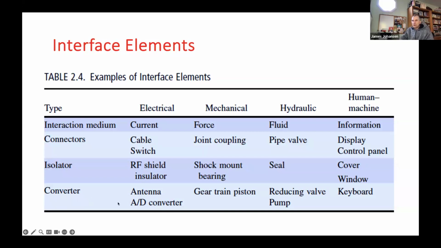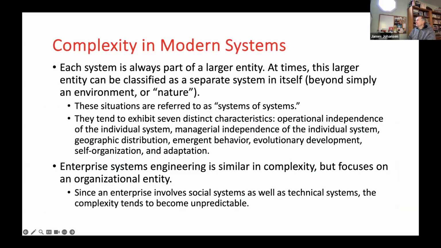converted. So those are a little bit examples of mechanical and electrical types of things, but there's other things that are listed here that come into the area of things that need to be considered. In terms of the complexity of modern systems, there is a fair amount of complexity.